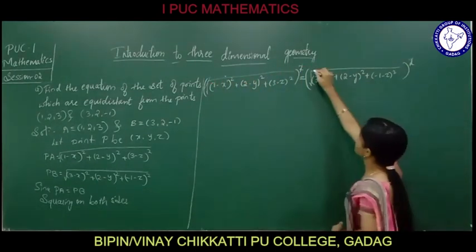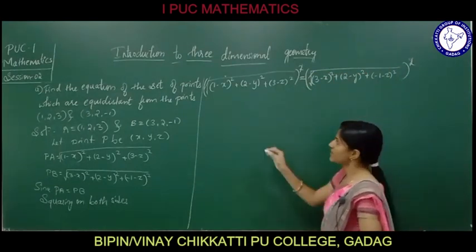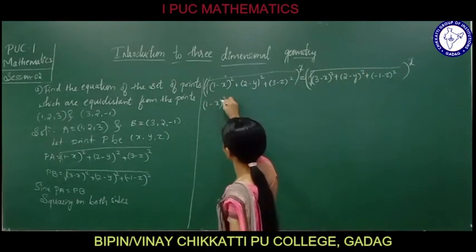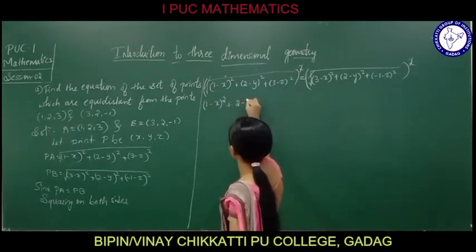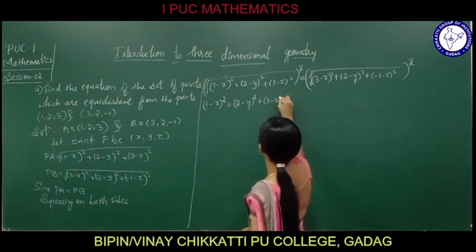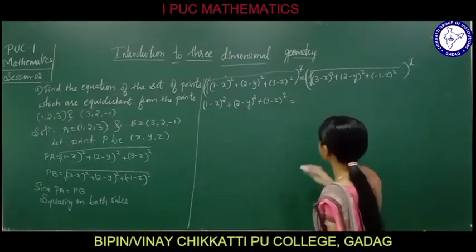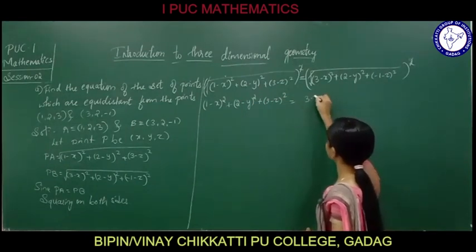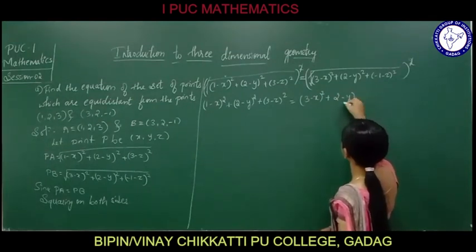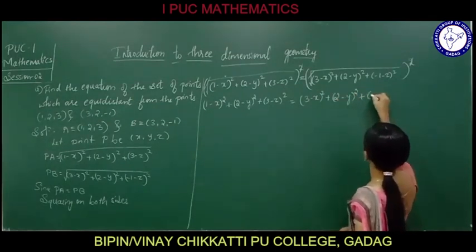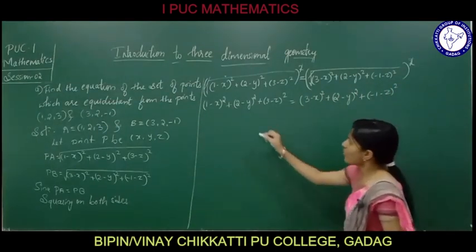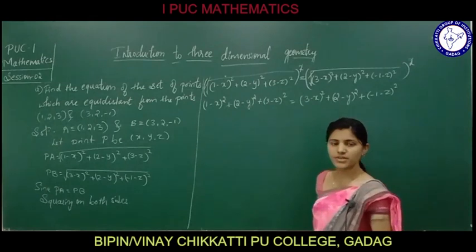So we are left with 1 minus x whole square plus 2 minus y whole square plus 3 minus z whole square, which will be equal to 3 minus x whole square plus 2 minus y whole square plus minus 1 minus z whole square.